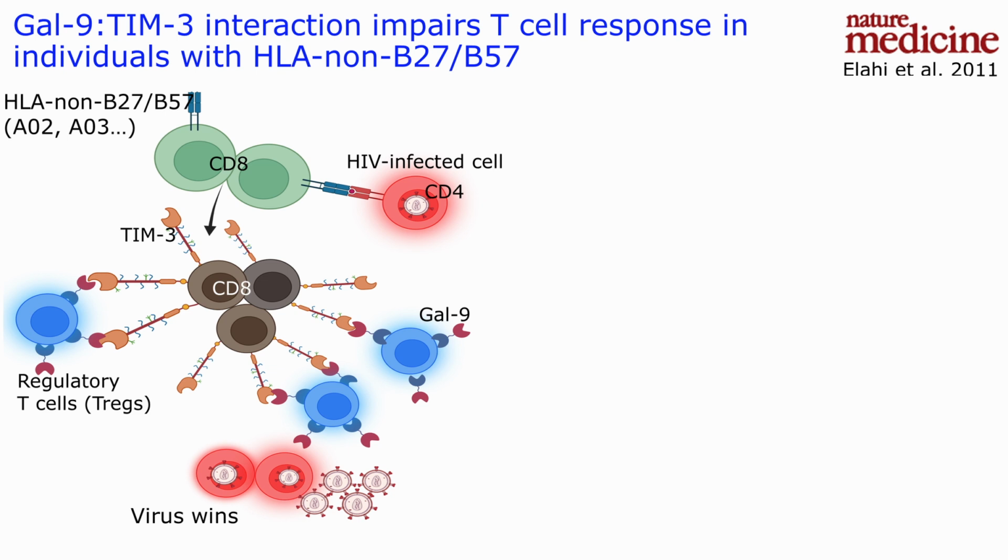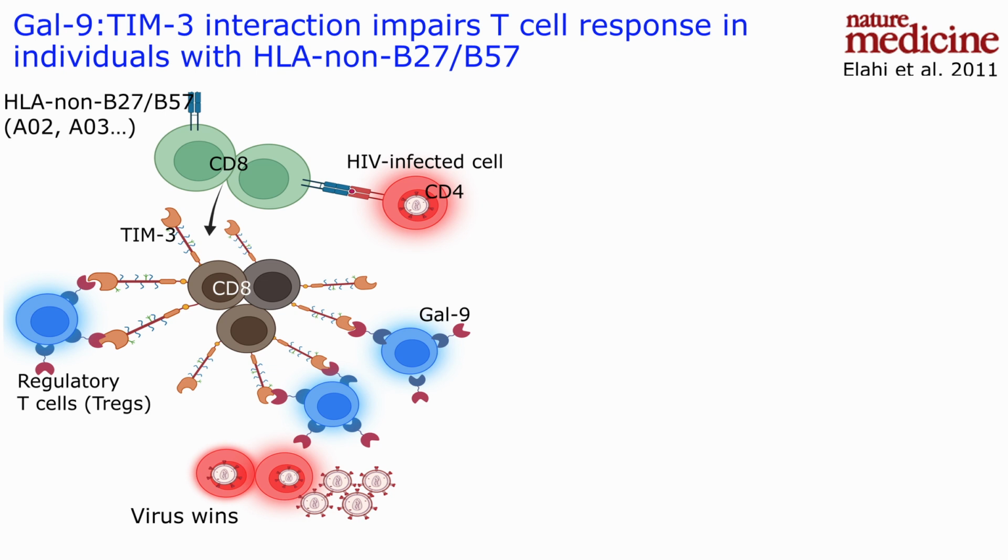If you look at those individuals that have HLA non-B27/57, like, for example, HLA A02, A03, B08, B07, there are so many of them, what you see is that this CD8 T cell recognizes an infected cell. Helper T cells are the main target for HIV.